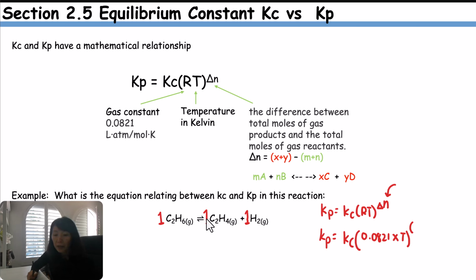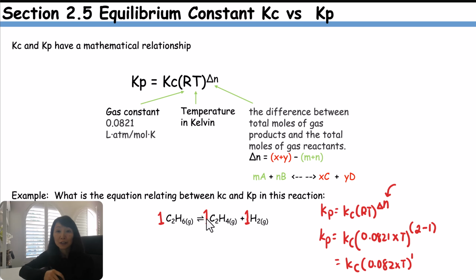So my product is 1 plus 1, which is 2. And then on my reactant side, there's only 1, so that's 1. So if I were to reset this, it's Kc times 0.0821 times T to the 1 power. So that's just a simple example of what you can do with this particular equation.